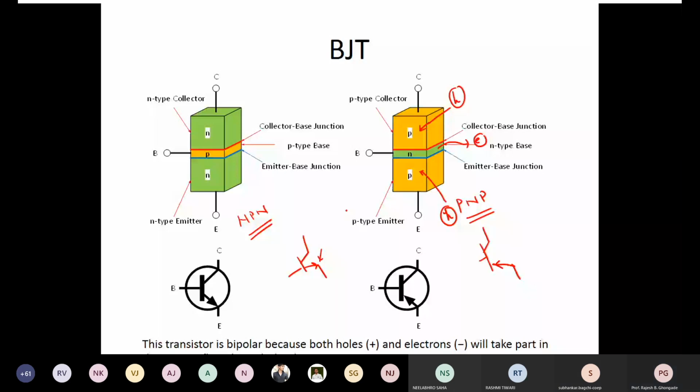Absolutely correct. But you see, in this particular device the electrons are going from here. I'll mark it as negative, and they are going here. All of them are going here.